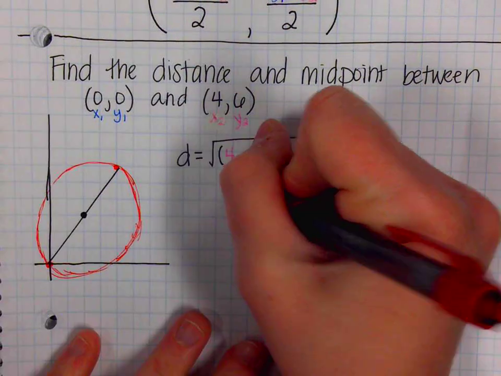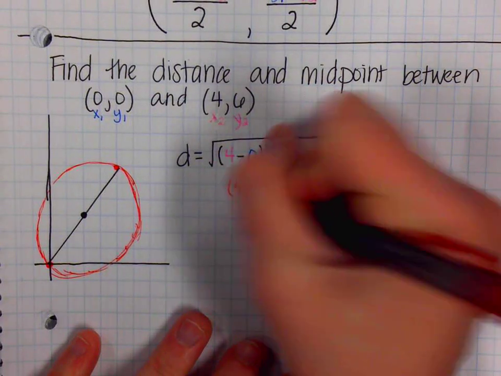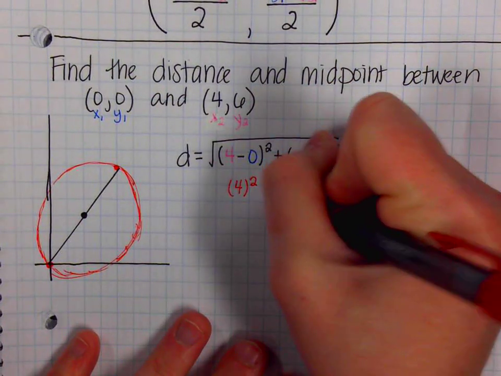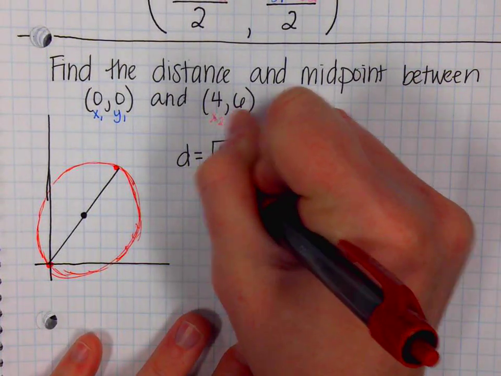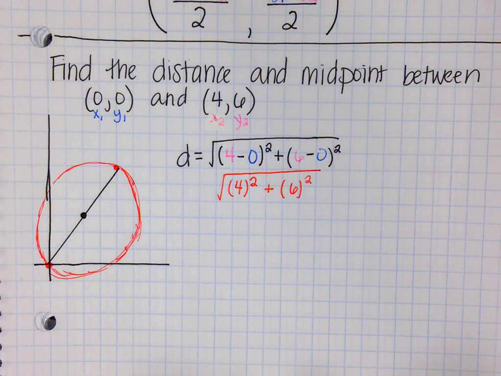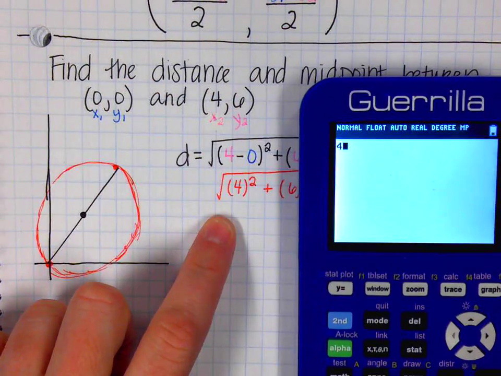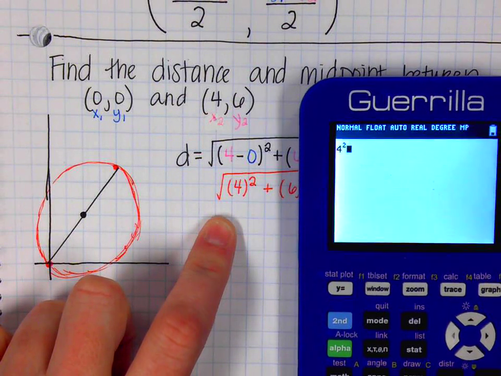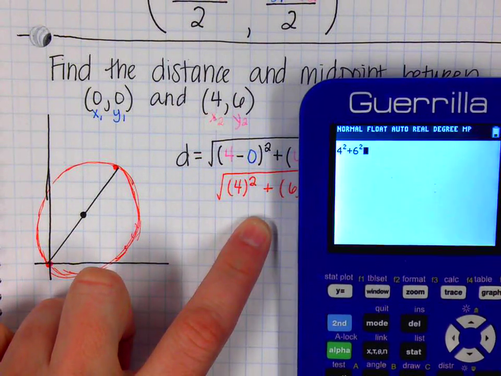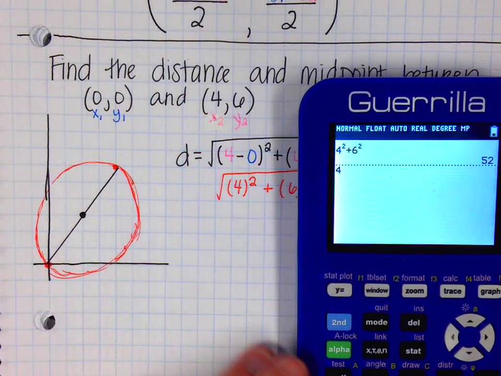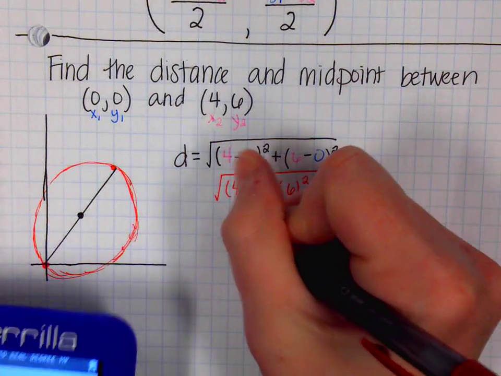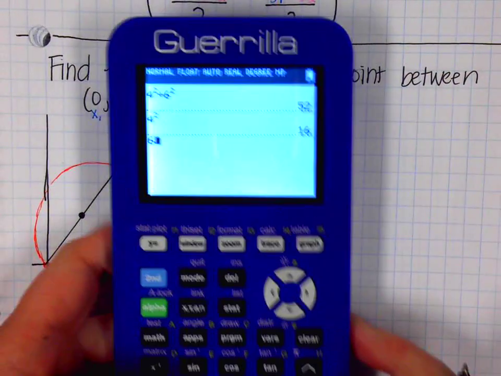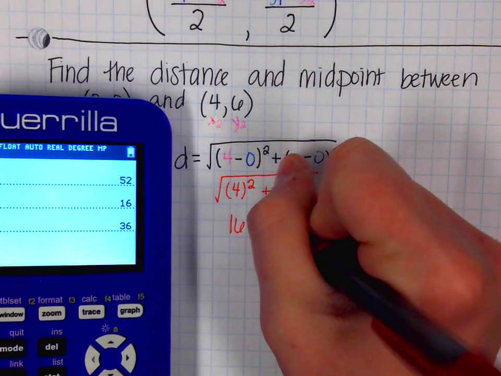So it would be 4 minus 0 is 4, plus 6 minus 0 would be 6 squared, and then it's going to take the square root of it. Okay, 4 squared plus 6 squared, or 4 squared is 16, plus 6 squared, which is 36.